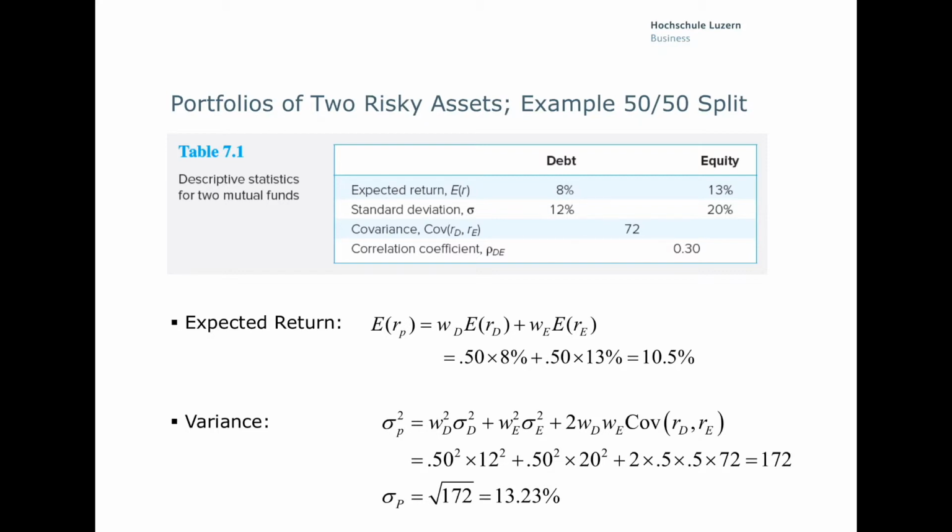The variance of the portfolio is a weighted sum of the covariances, and each weight is the product of the portfolio proportions of the pair of assets in the covariance terms. In this example, the variance is 172 and the standard deviation is computed simply by taking the square root, resulting in 13.23%.